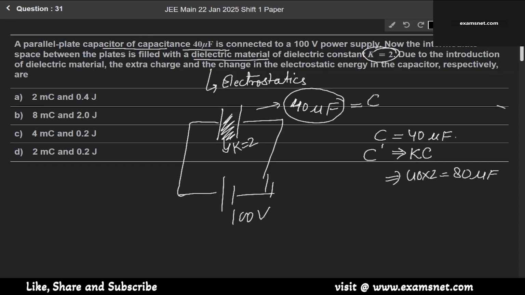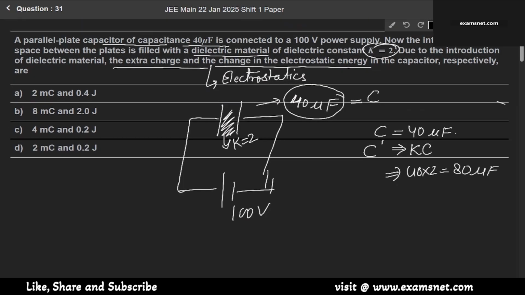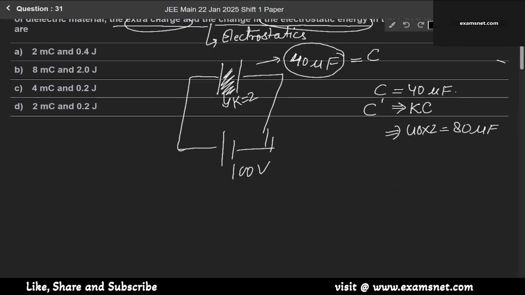Now, due to the introduction of the dielectric material, we have to find the extra charge and the change in the electrostatic energy. At first the capacitance is 40 microfarad, and when we introduce the dielectric, the capacitance becomes KC, which means 80 microfarad. And voltage is given as 100 volt.